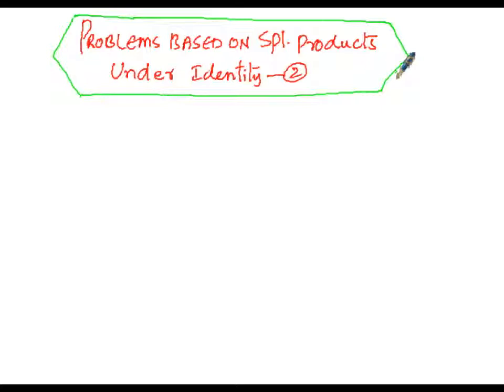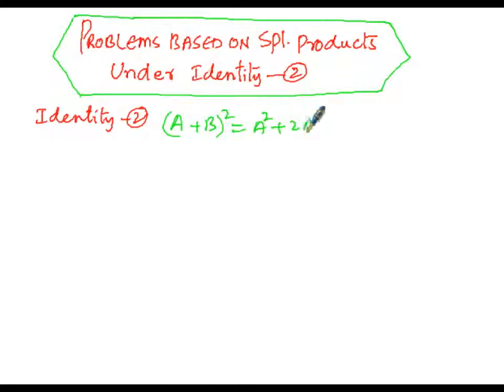So based upon this identity, we are going to perform example number 1. So here the identity is (a + b) whole square is equal to a square plus 2ab plus b square.